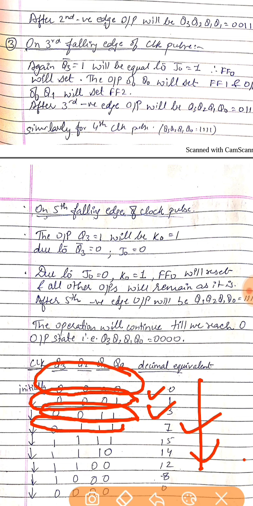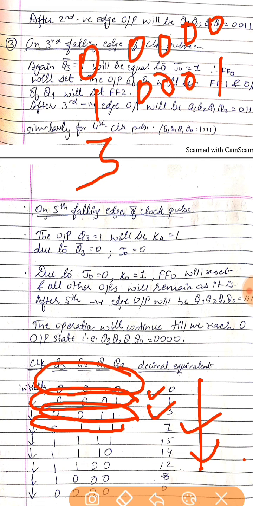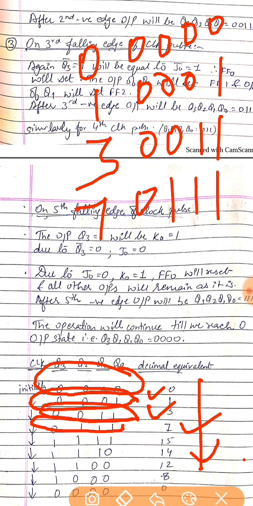So similarly it goes on like this: 0 0 0 0, then 0 0 0 1, then 0 0 1 1, then it becomes 7, that is 0 1 1 1, then it becomes 15, that is 1 1 1 1.